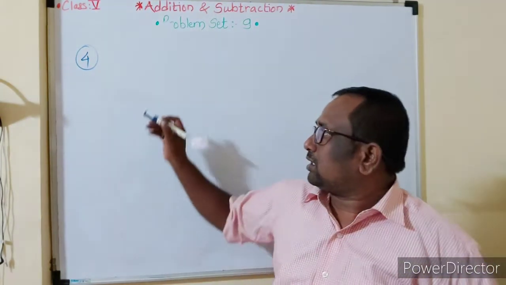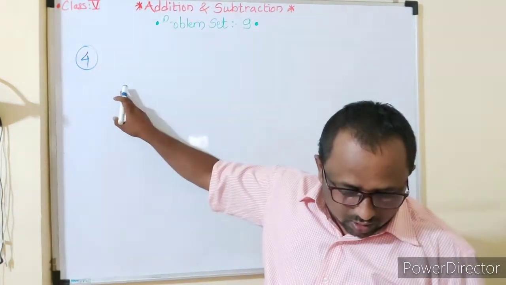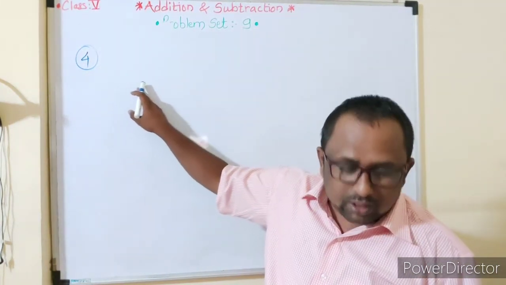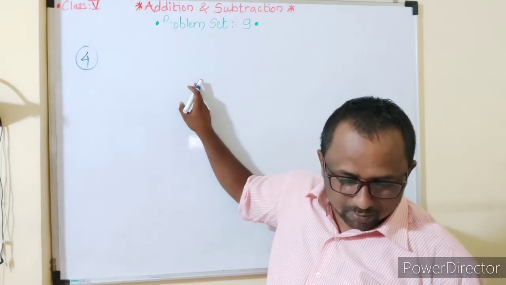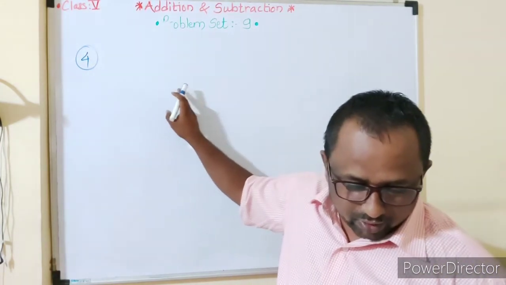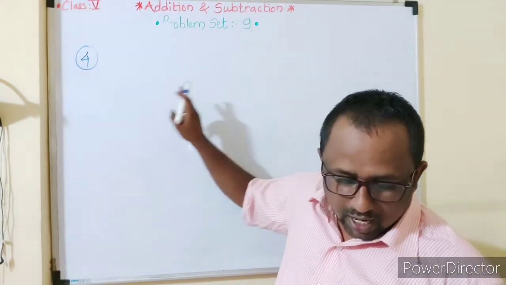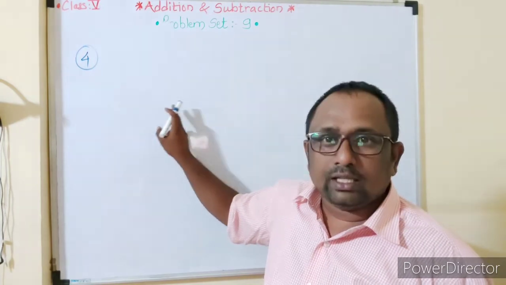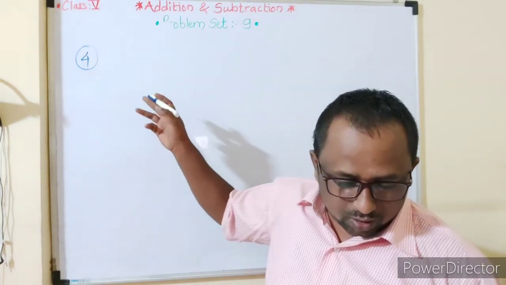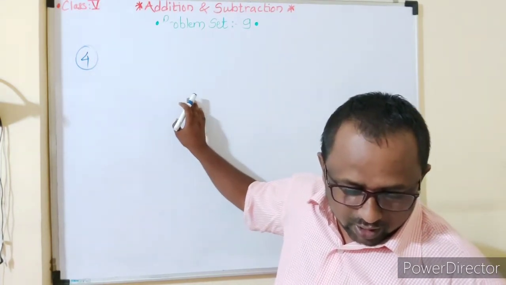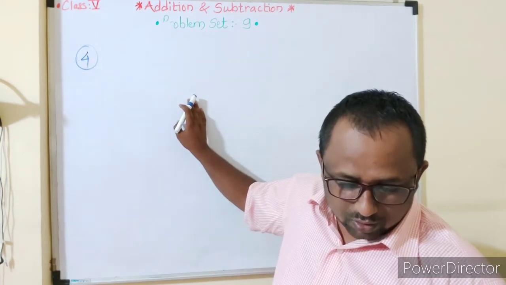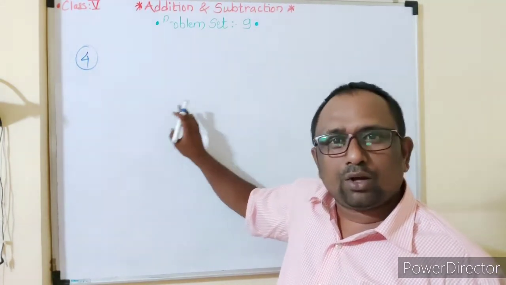So here you have to write the number produced last year, that is 17,24,938, and produced this year, 23,47,056, and you have to do the addition.